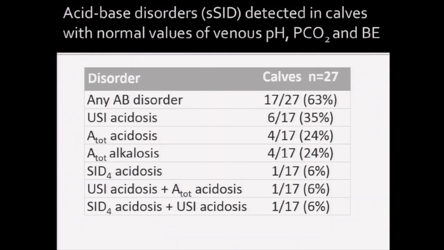There's a variety of reasons why these were detected, where we had unmeasured strong ion acidosis in the majority of them, 35%, weak acid acidosis in 24%, alkalosis in 24% as well. And then we had strong ion difference acidosis in 6% of the calves. And then also there's a combination of several of them down below at the bottom of the slide.